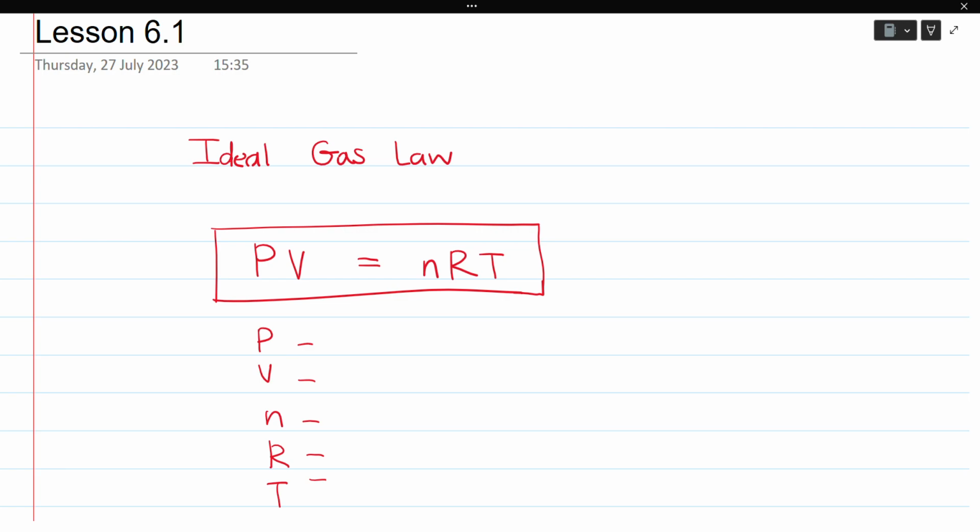If we're looking at this equation, firstly it applies only when you have an ideal gas. So only when the question tells you you've got an ideal gas, then you can apply this equation. So what do all of these things stand for? P stands for the pressure of the gas.